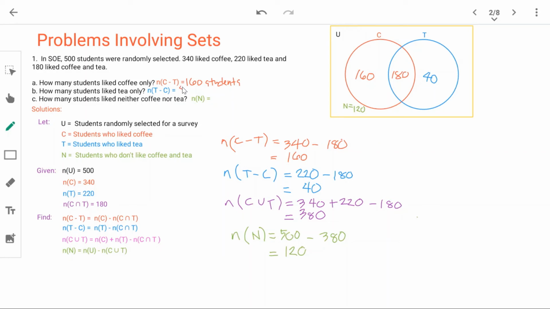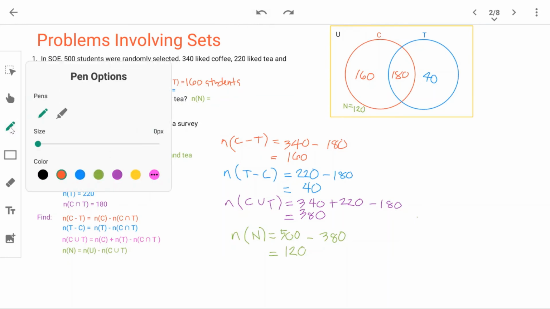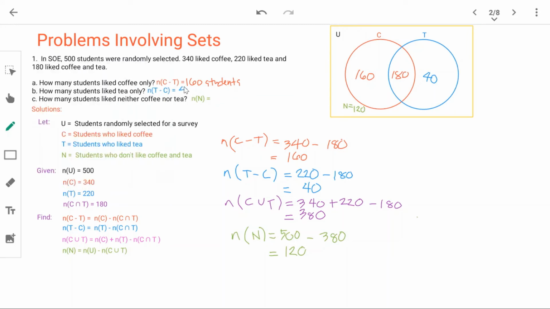Okay, so I'll change this into B. So that is equal to 40 students. Okay, 40 students. So this portion of the Venn diagram represents the students who like tea only.